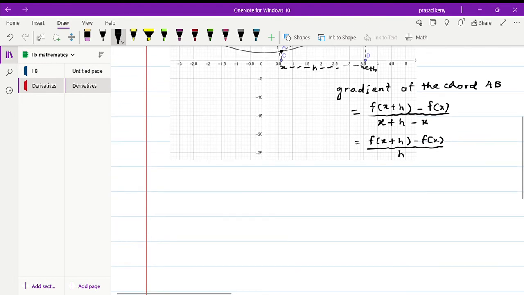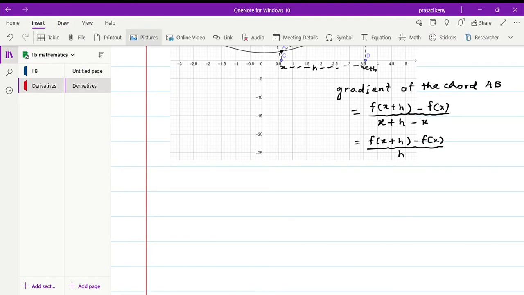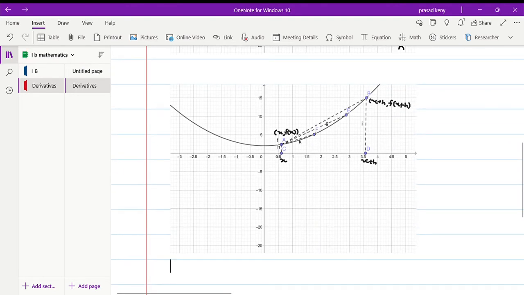Now what I'll do is I'll keep the point A fixed on the curve, and I will move point B along the curve towards A. So I'll put the diagram here. As you can see here, I am moving point B towards A on the curve. So as B moves towards A on the curve, what is happening to h? h is becoming smaller and smaller.